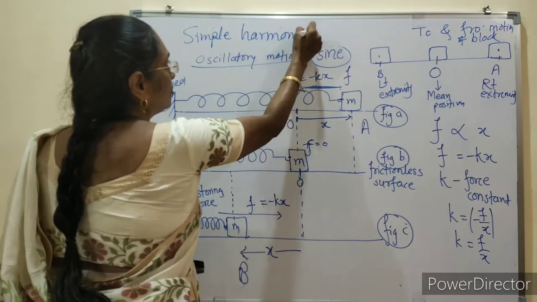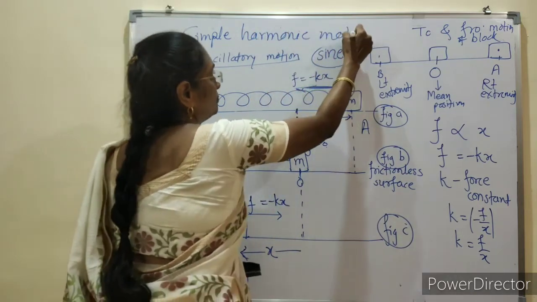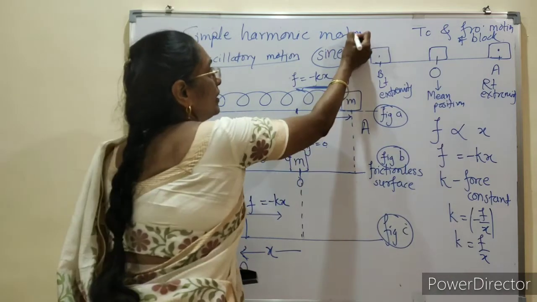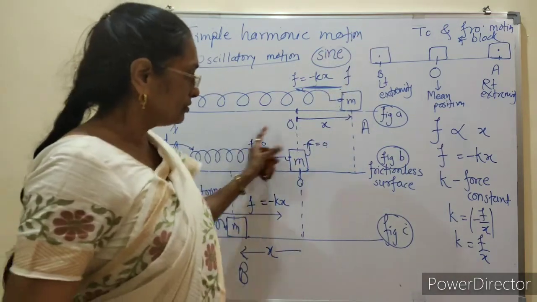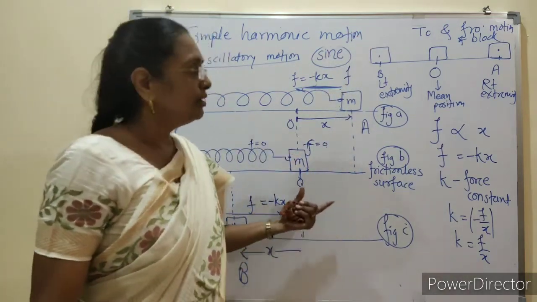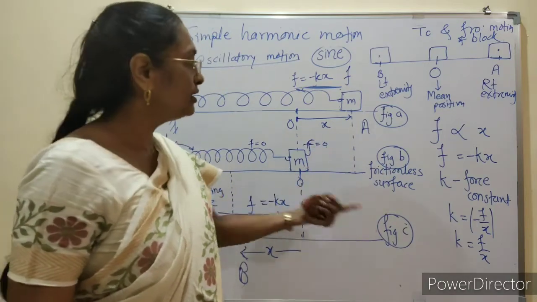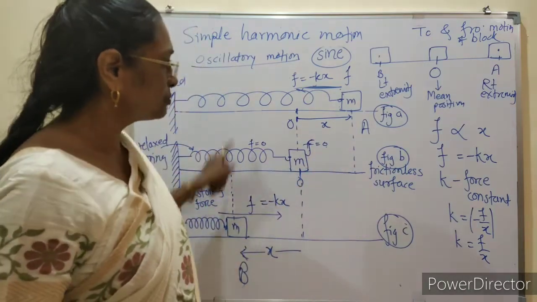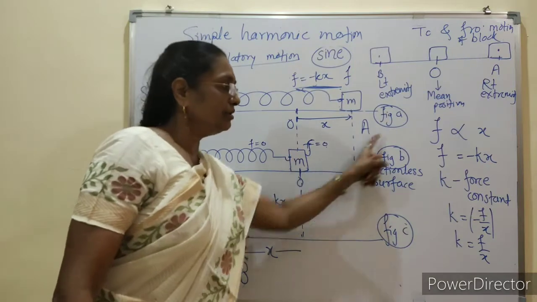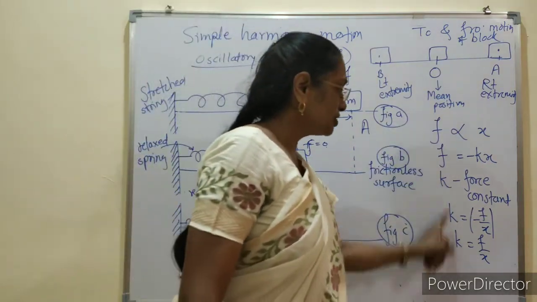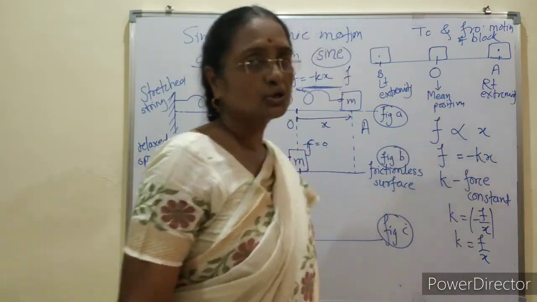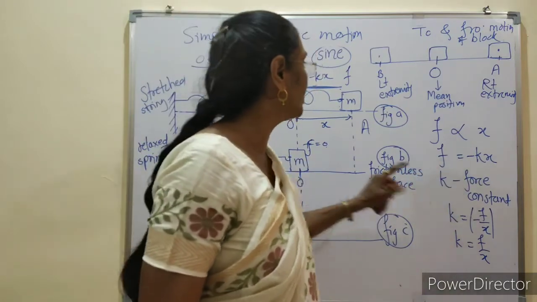Just to repeat here, for the case of a simple pendulum, the needle in a swing machine, and a spring mass oscillator, we have described force as directly proportional to X and oppositely directed.